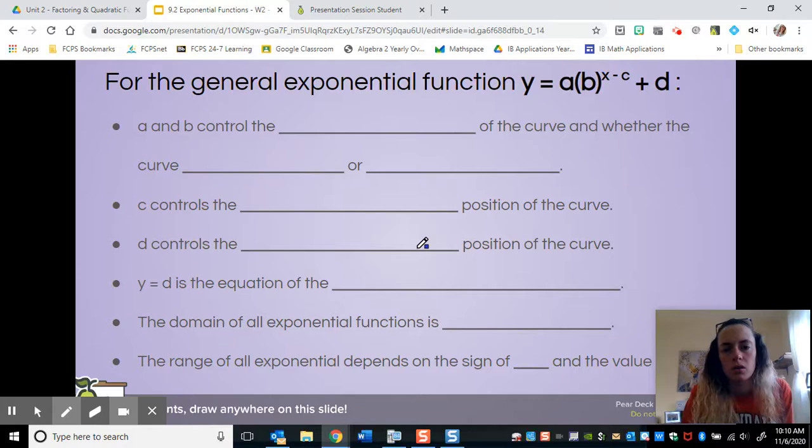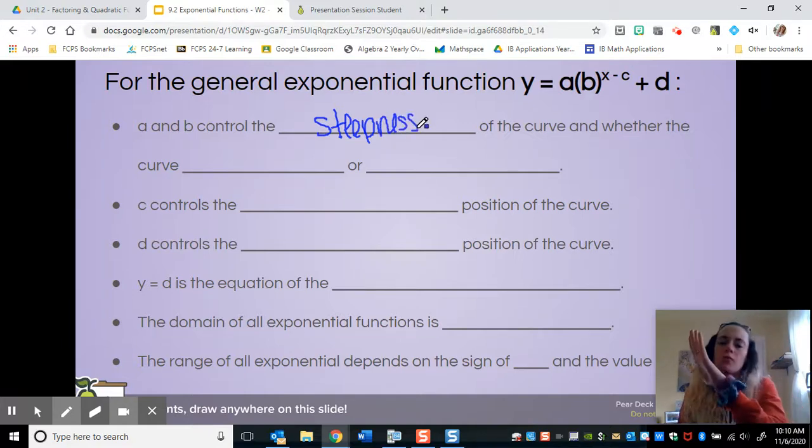All right, so bringing it all together, we have all those letters that we just saw all in one equation or in one function. So A and B, these two up front, control a lot. I don't know if it's a word, but I'm going to say they control the steepness or the grade of the graph, right? How fast it increases or decreases.